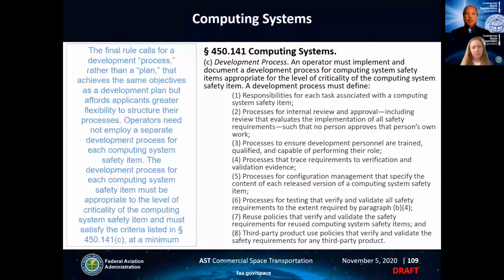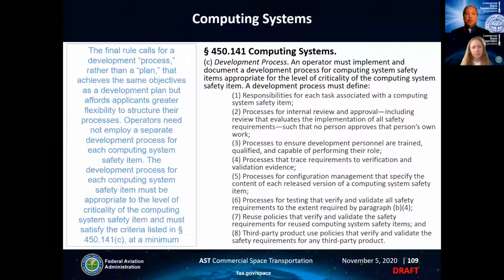Next are the process requirements of 141C. These are laid out as a process requirement rather than a requirement for a development plan, because the process is necessarily bigger than the plan. This can be in one document, many documents, however the applicant wishes to structure it.